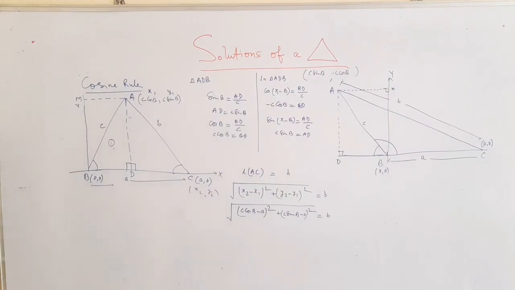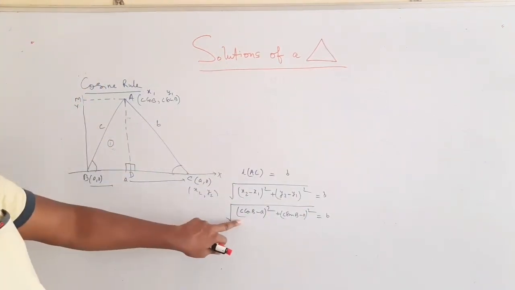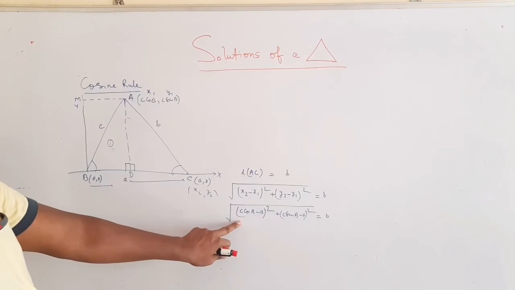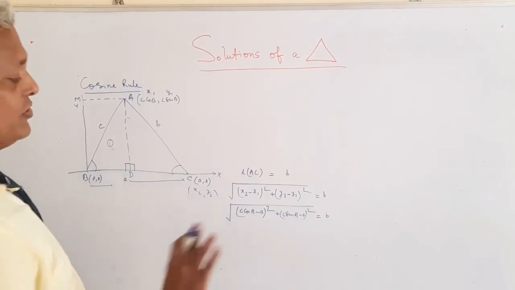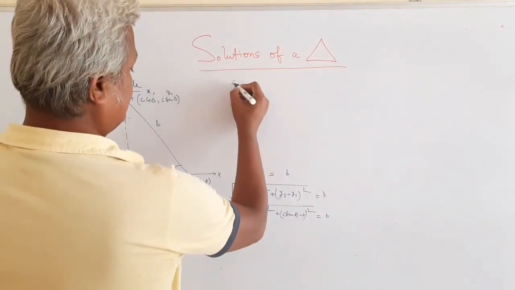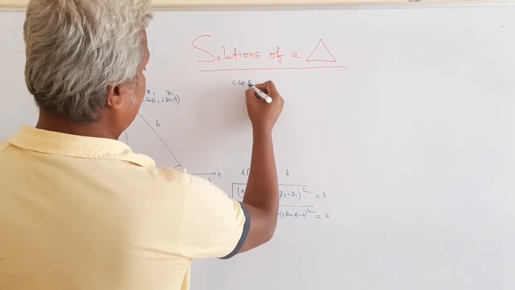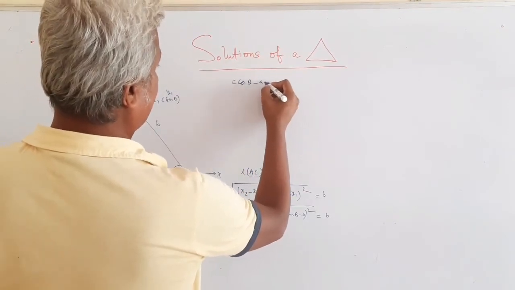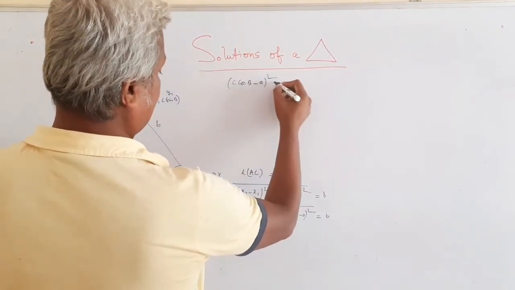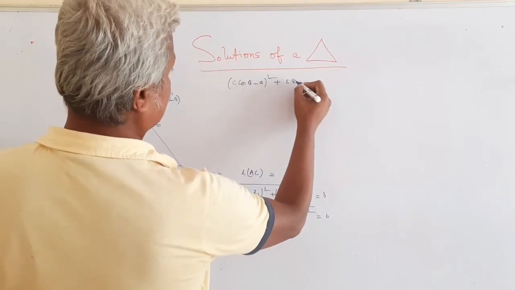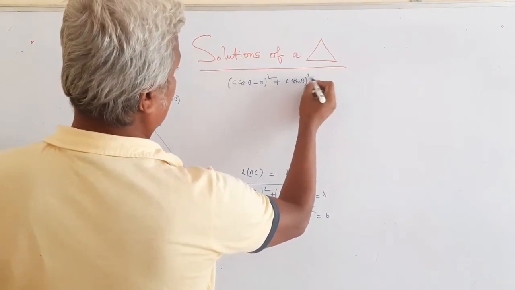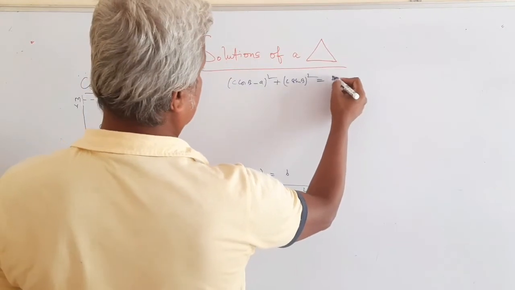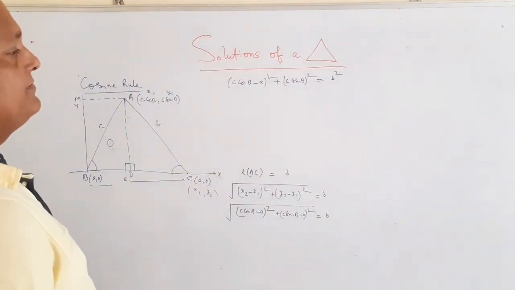Now I have to square both sides, so I need some space. I think I need to clear this part. So here I square this equation on both sides, so the root is gone. I'll get (c cos B minus a) whole square plus (c sin B) whole square equals b square.